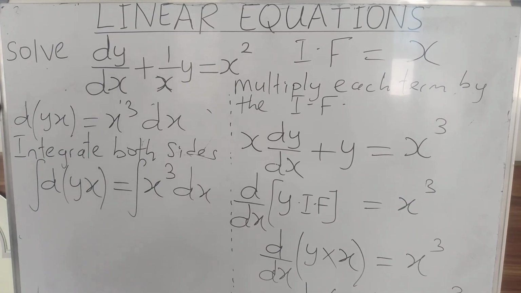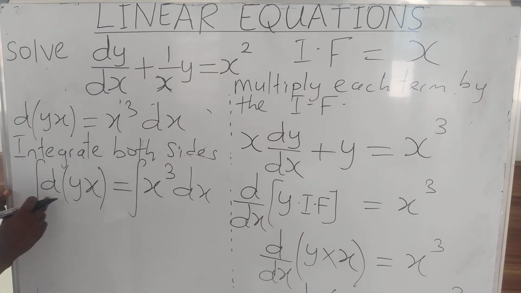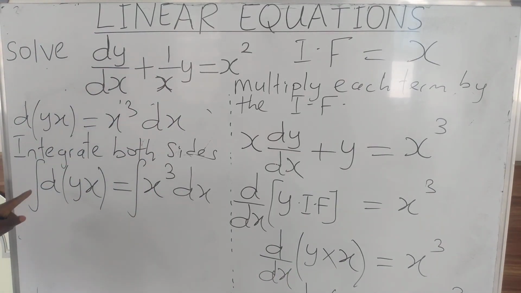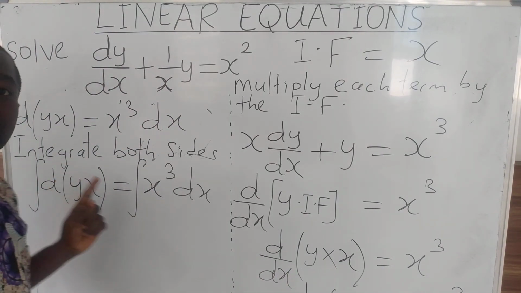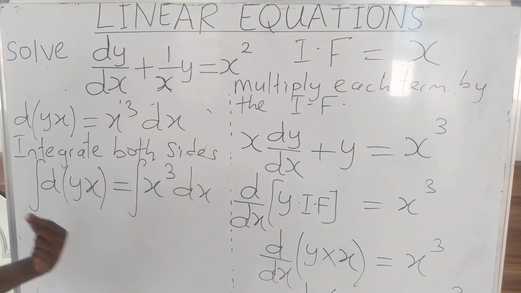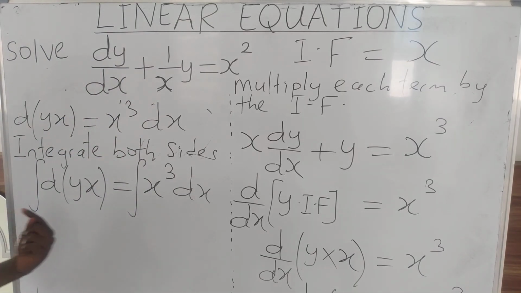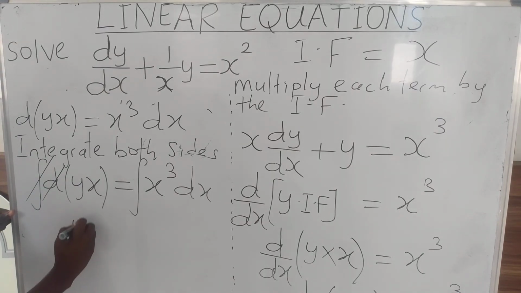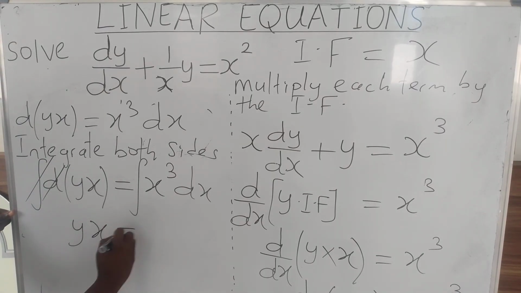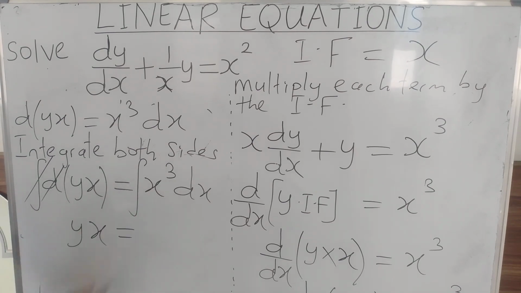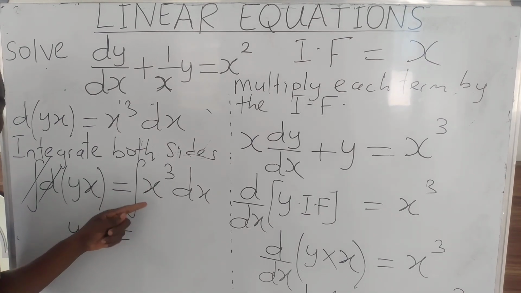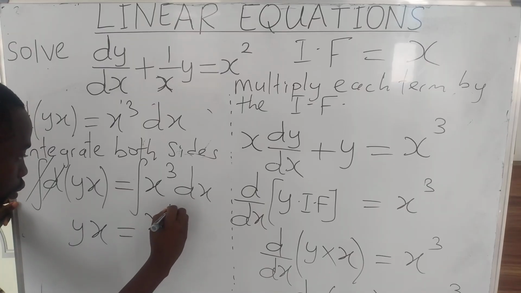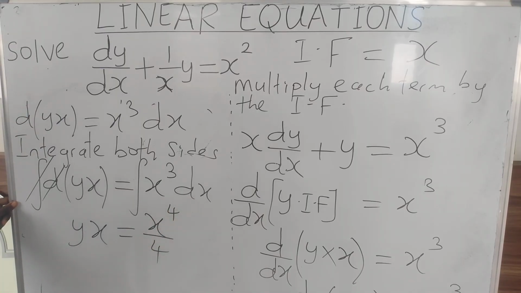Of course, in mathematics, when you have integration and d, they will cancel each other because integration is the opposite or the reverse of differentiation. So this cancels this. So I have yx is equal to, now if I integrate x cubed with respect to x, I'm going to have x to the power 4 over 4.